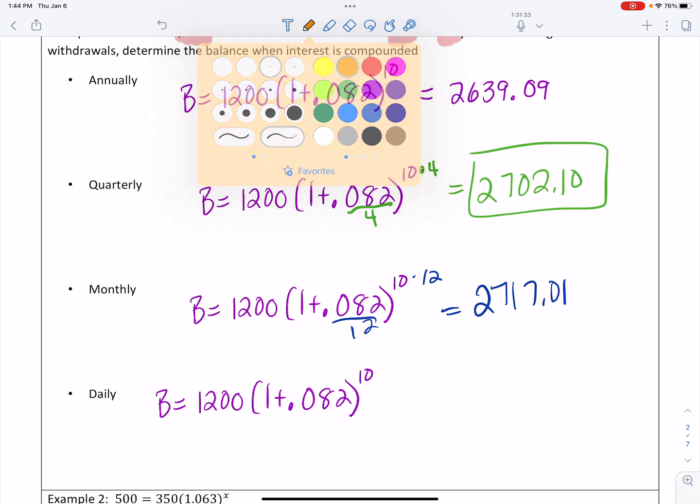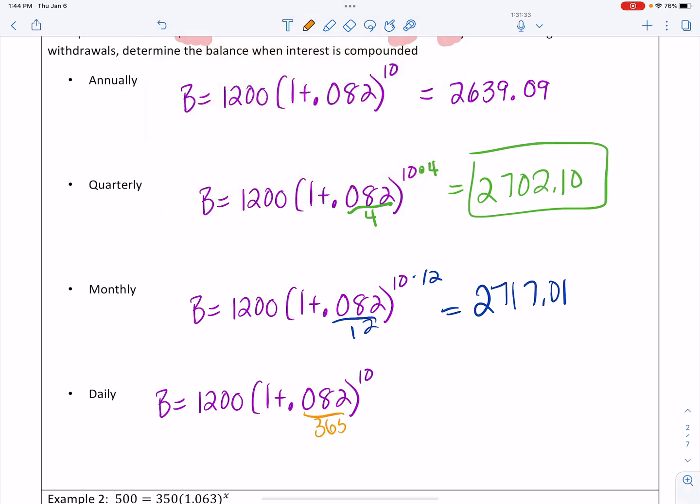And on daily, I would divide by 365. So this would become times 365. And so I'll change those on my calculator because I don't have the answer yet. And my answer is 2,724.35.